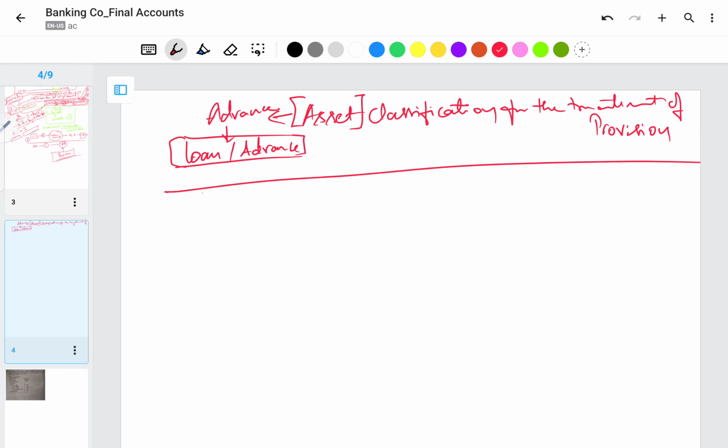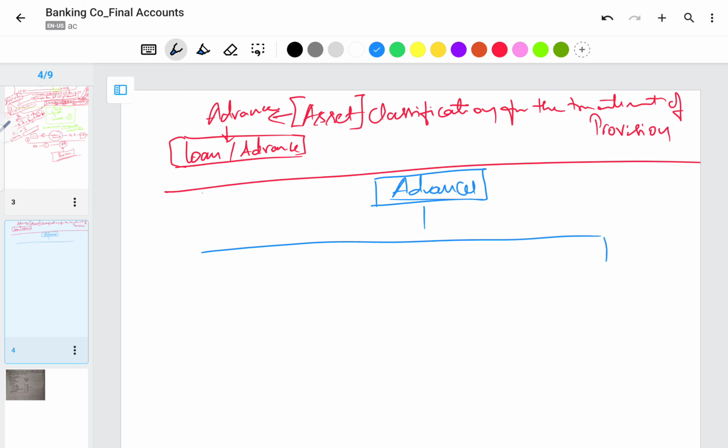Now, advances are categorized into two categories. We provide provisions from when? After the due date, not before the due date. Here we classify from the due date to 90 days, and here after 90 days.